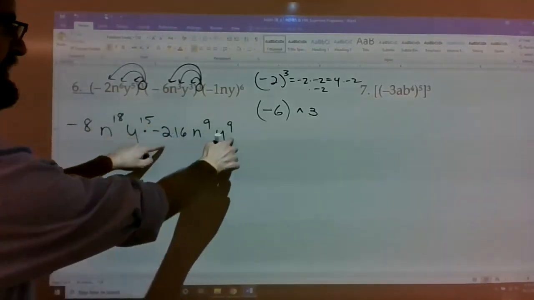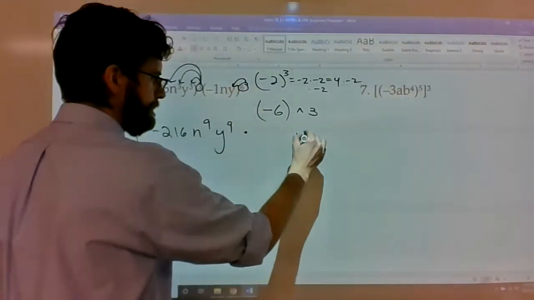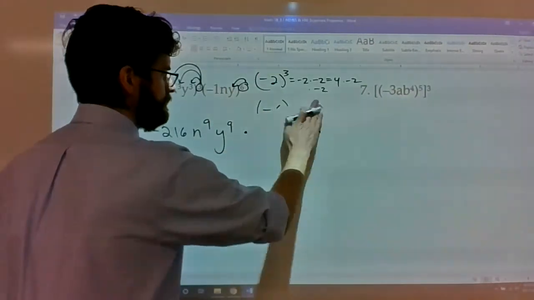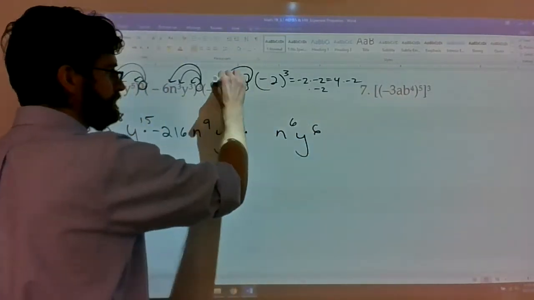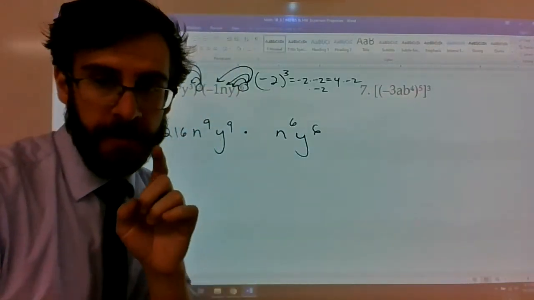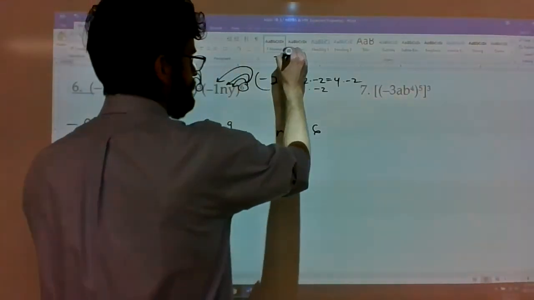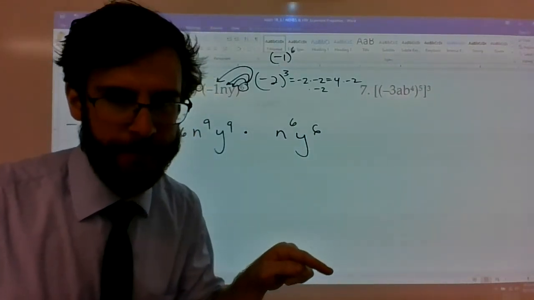First group, second group, third group is going to be y to the 6, n to the 6, and negative 1 to the 6. Negative 1 to the 6th power is not negative 6.